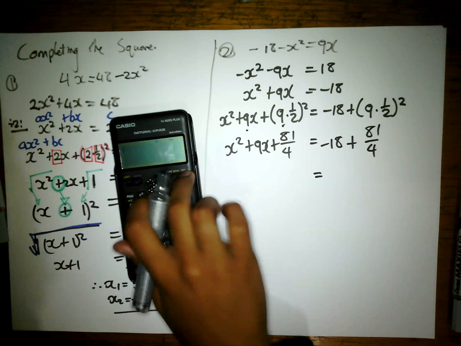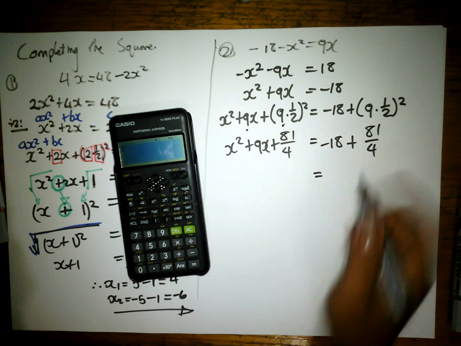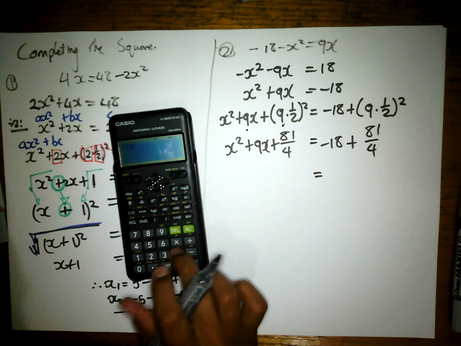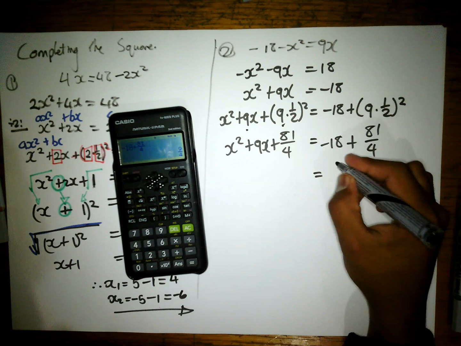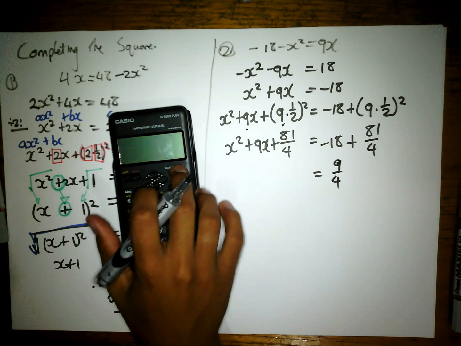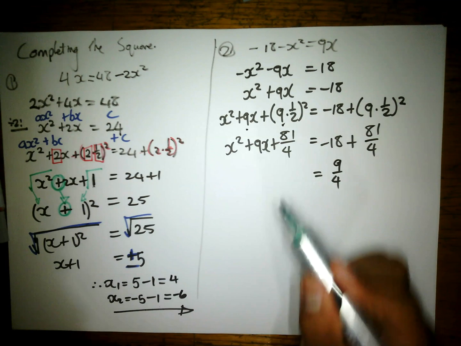Okay, let us simplify this on the side first. So negative 18 plus 81 over 4 is 9 over 4. So what do we do now? We need to simplify this one here. So what did we do here?